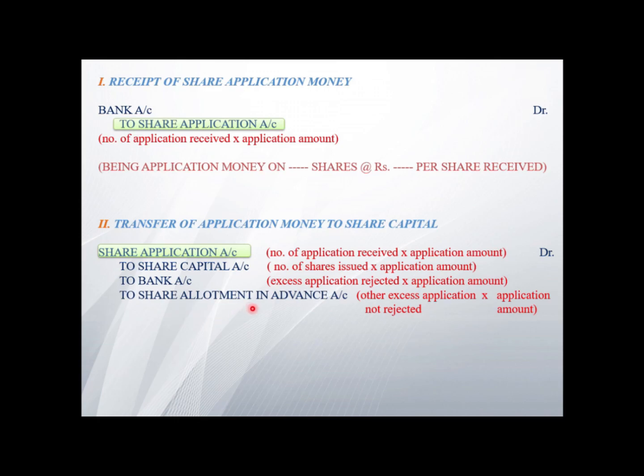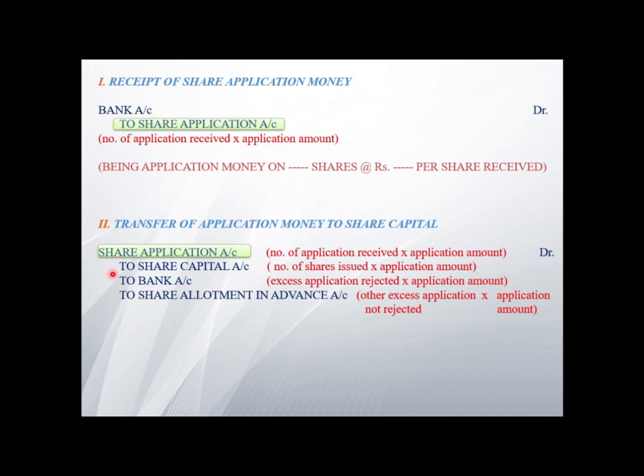Students, when other excess application which are not rejected, their application amount is treated as allotment money received in advance, which is known as pro rata allotment. So, share allotment in advance account will be credited and the amount will be calculated as other excess application not rejected multiplied by application amount.